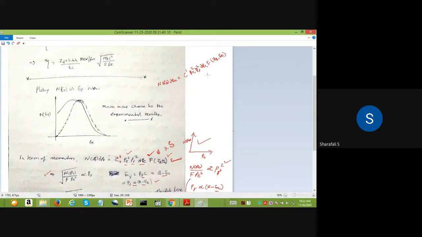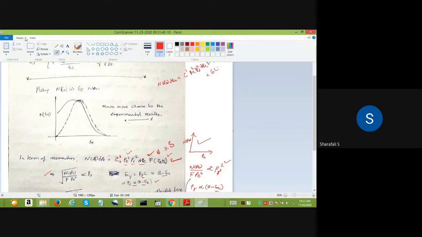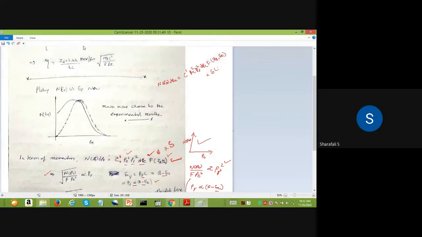Then this has to be multiplied again with this shape function, which in our case will come as S of p_e, p_nu.